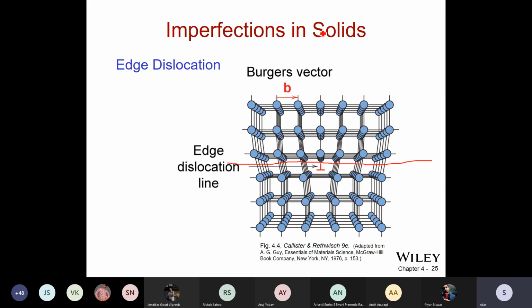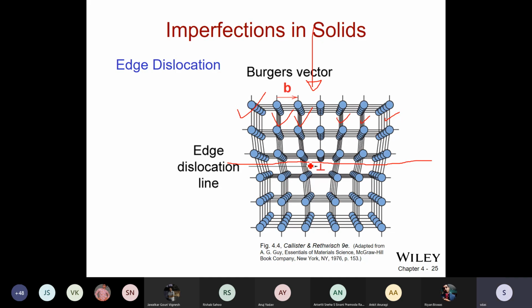Around this dislocation, if I look at it from the top, the plan view will be a line for this extra half plane. And the planes in the immediate vicinity, like this plane, that plane, this plane, and so on, will be distorted. Means the atoms move from their equilibrium position, some towards and some away.